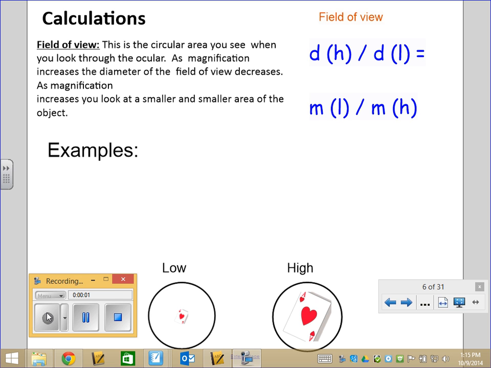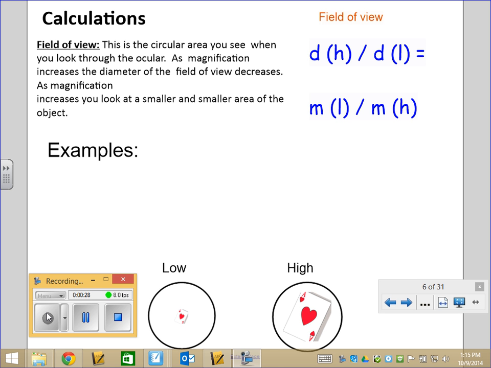So yesterday we talked about the first really simplest calculation that you would have to do pertaining to a microscope. The second calculation that we need to talk about is one that refers to the field of view. On the left, I have a little description of what field of view is and what happens to field of view as you change magnification.